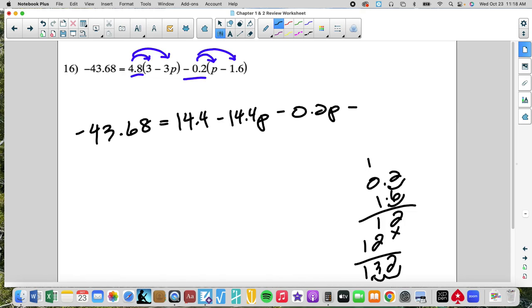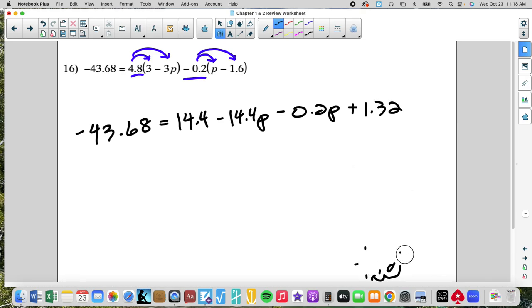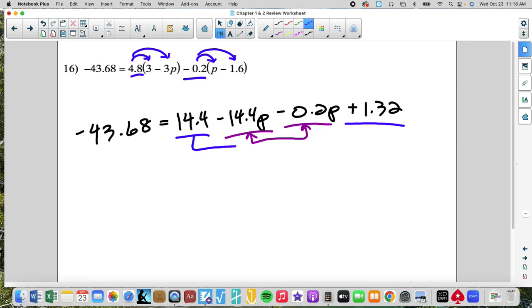So that's positive, because negative times a negative is positive 1.32. Okay, now we're going to combine. We're going to simplify like terms, constant and a constant. We have like term, like term. So we're going to combine these 2 values.